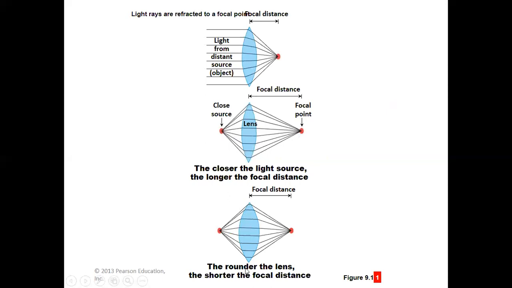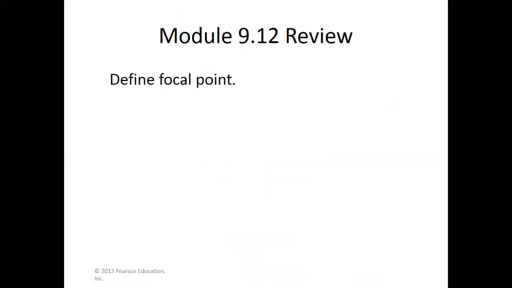As the lens rounds, so the muscles stop pulling on the lens and it rounds out, there's a shorter focal distance. So the lens can change shape from flat, close light source, to round, distant light source, to change the focal distance and maintain the same focal point.